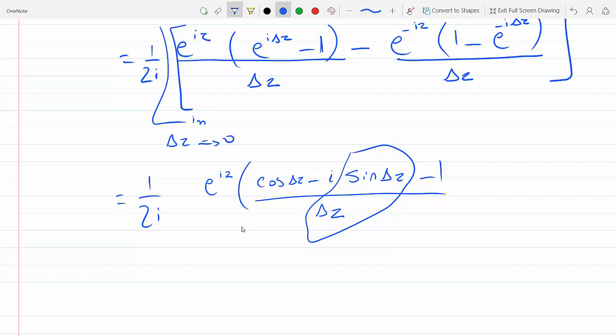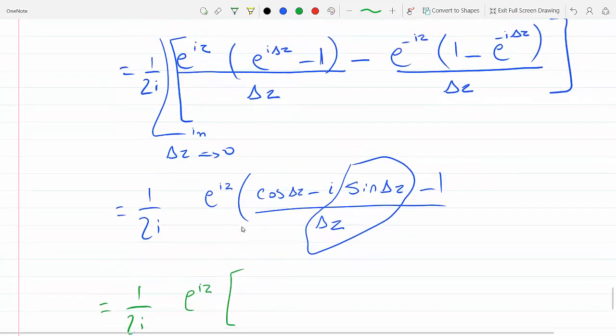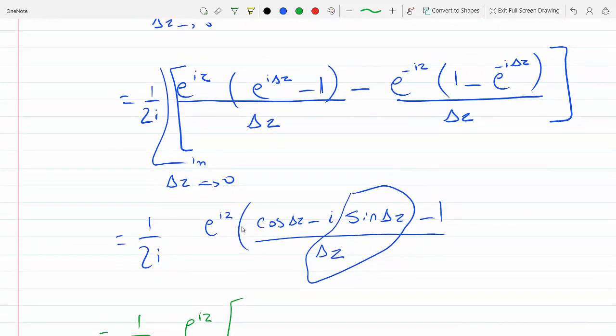So now we can separate this into 1 over 2i. Yeah, let's do it in steps. So e to the iz. Right, let's split. I rewrote e to the i delta z as cosine delta z plus i sine delta z.